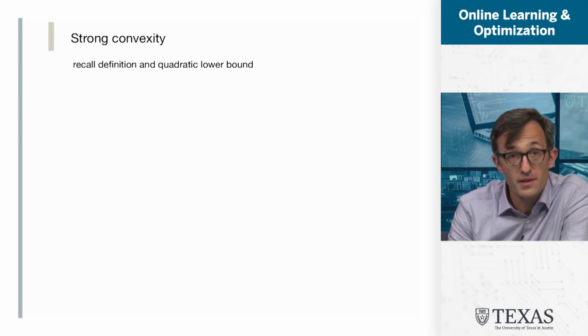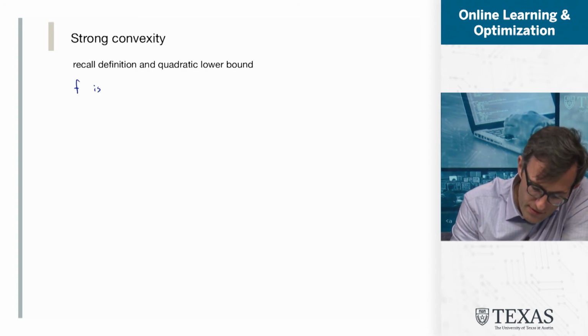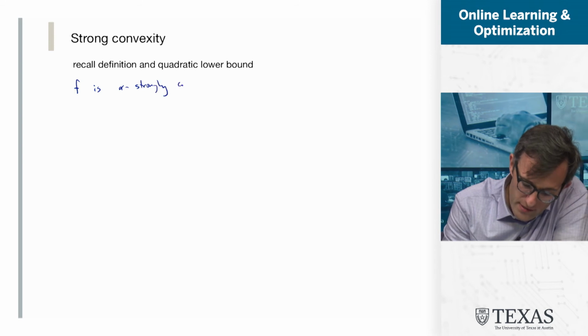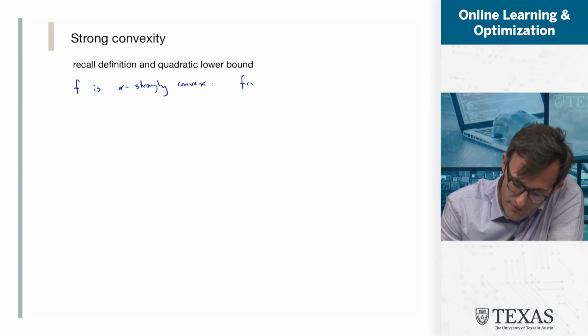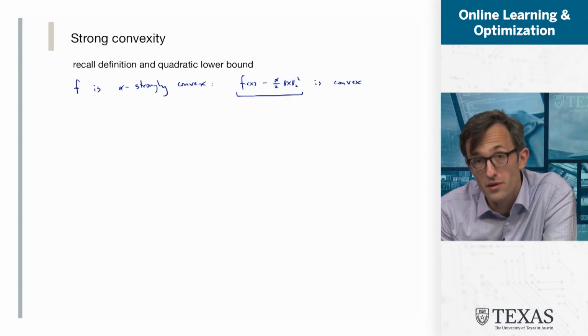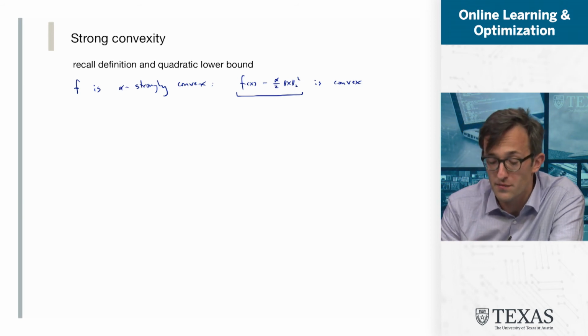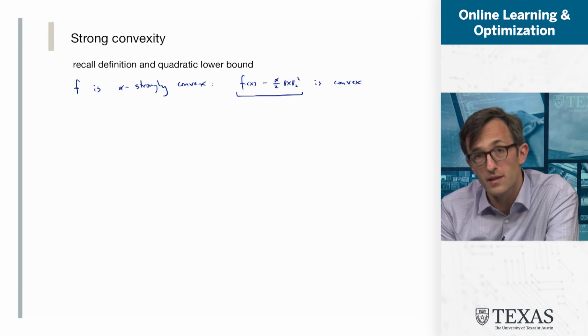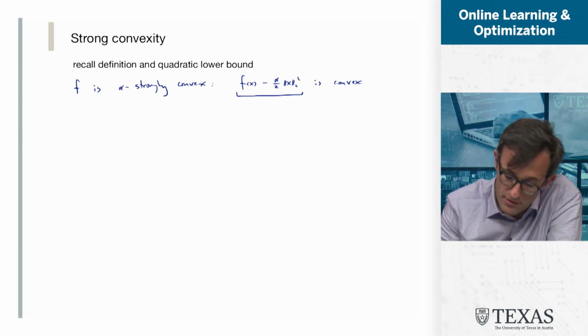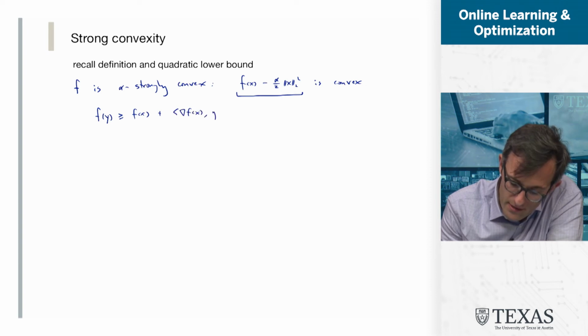Okay, a few more comments on strong convexity. So remember that our definition of strong convexity: f is alpha strongly convex if f of x minus alpha over 2 times the norm of x squared is convex. And now applying just the standard convex inequality, the fact that a linear approximation lower bounds a convex function, to this, we found that strong convexity is equivalent to a quadratic lower bound. f of y is greater than or equal to f of x plus the gradient of f of x times y minus x.